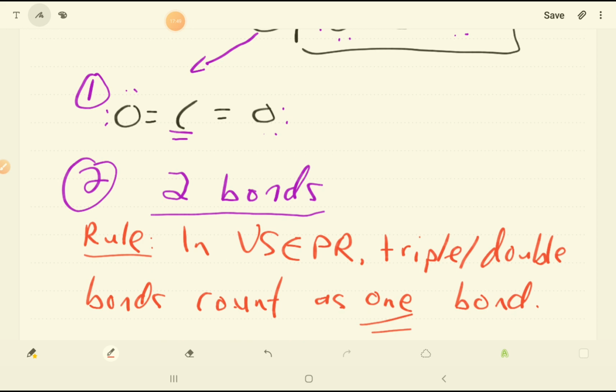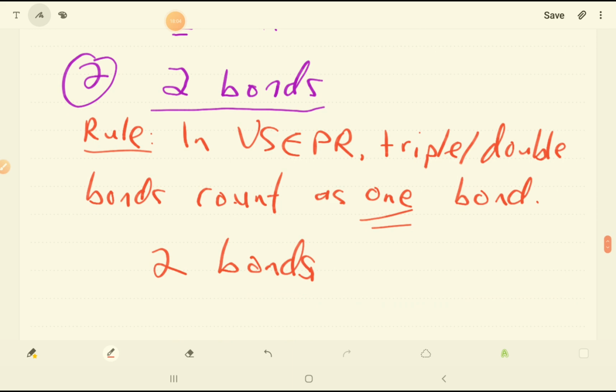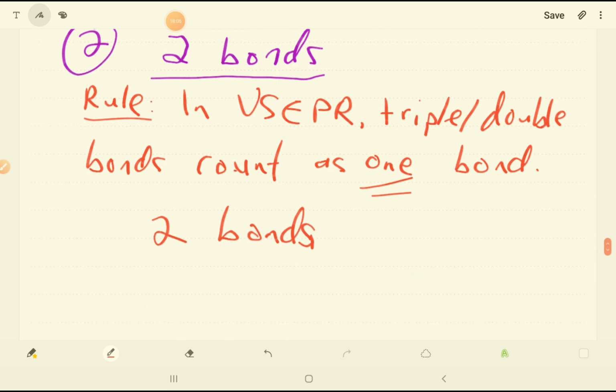But when we talk about VSEPR, we're not concerned about the lone pairs of the non-center atoms. We want the lone pairs of the center atoms only. So that being said, carbon has no lone pairs. So when we record our information here, this would be 0 lone pairs.